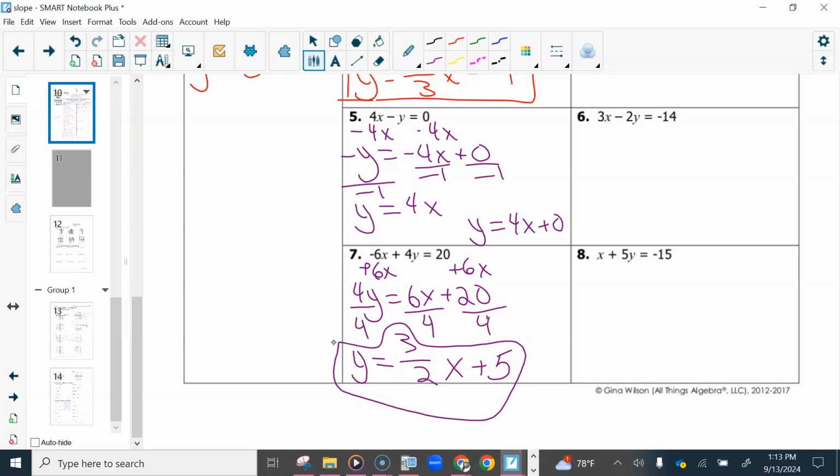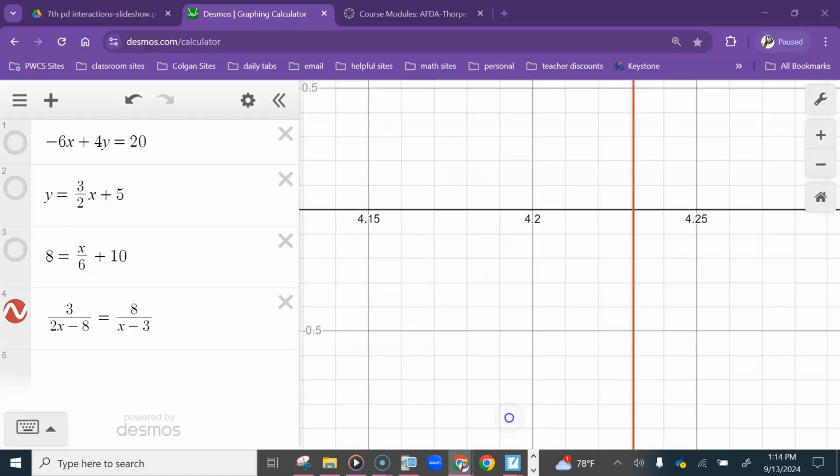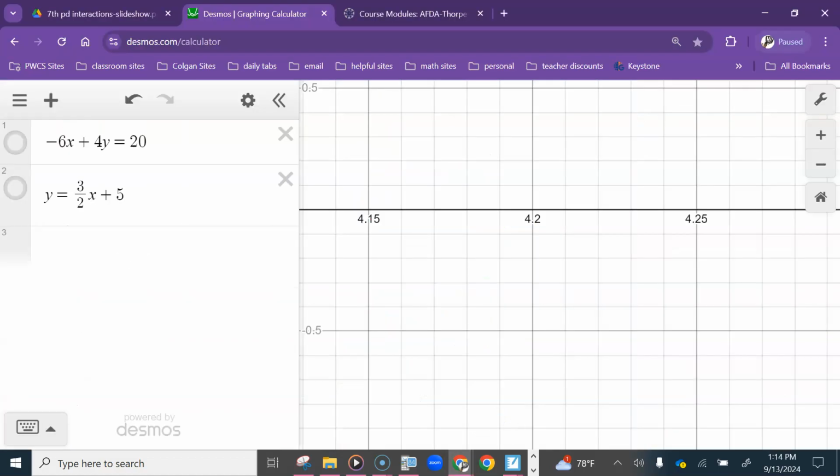I'm going to show you how you can check yourself in Desmos really quickly. This is the one we just did, number 7.